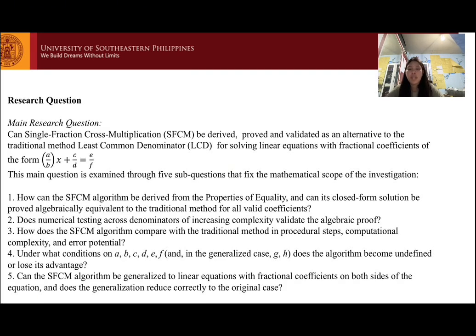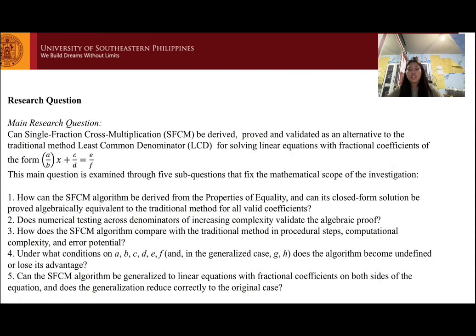Third, we compared the SFCM algorithm and the LCD method in terms of procedural steps, computational complexity, and potential sources of error. Fourth, we identified the conditions under which the algorithm becomes undefined or loses its advantage.